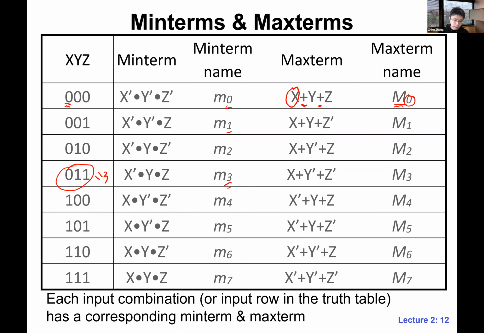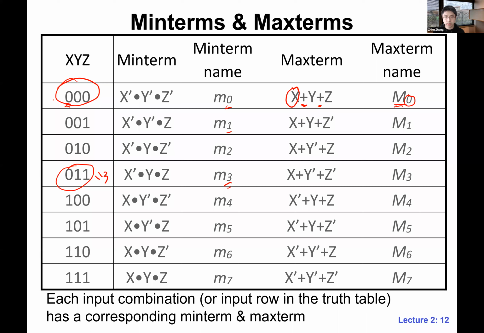So let's say, given a specific input combination, again 0, 0, 0, if you look at all the 8 possible maxterms, how many of them will evaluate to 0? Exactly 1, and the rest will become 1.